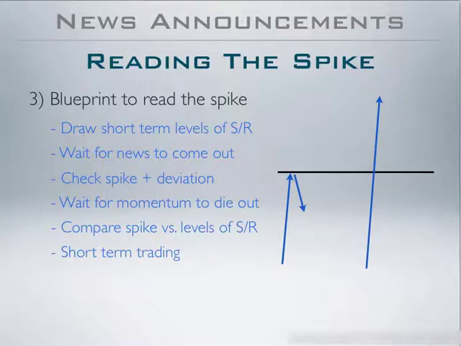Oh, by the way, you may have noticed that I wrote down here short-term trading just as I did up here. Okay, again, I must stress this concept. News announcements, and anything related to intraday trading, have a very short memory span.